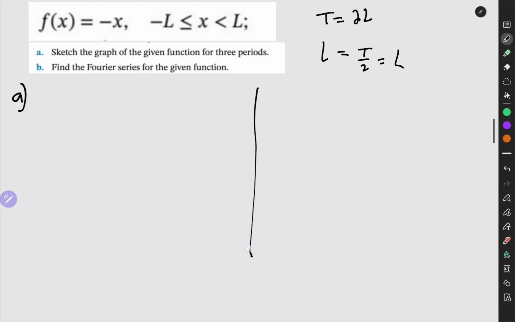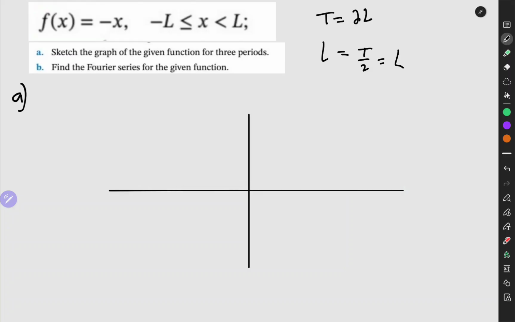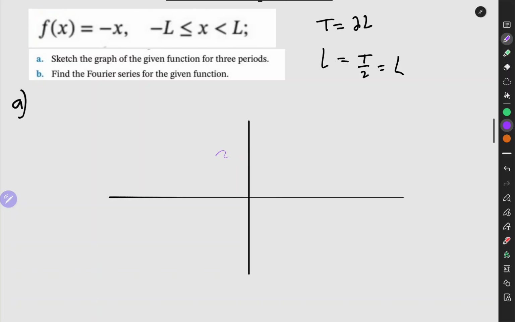Let's sketch it. It will look something like this. It's negative x, right? So it's just going like this through the origin.